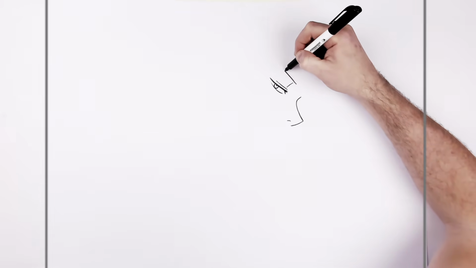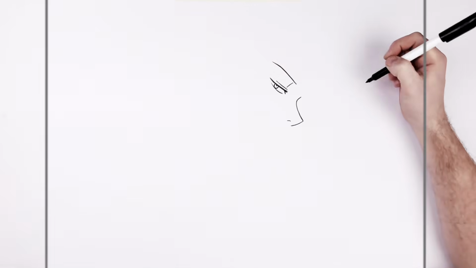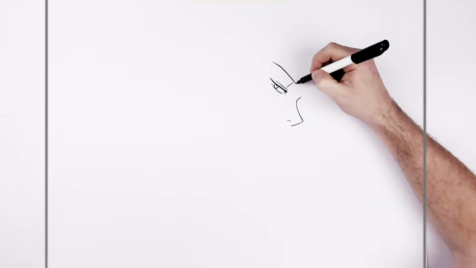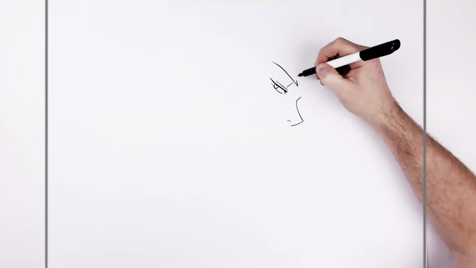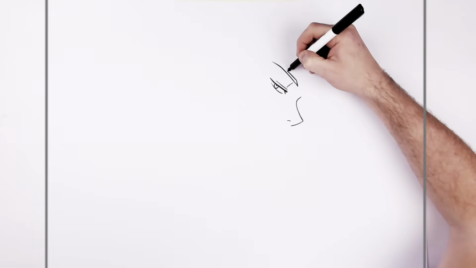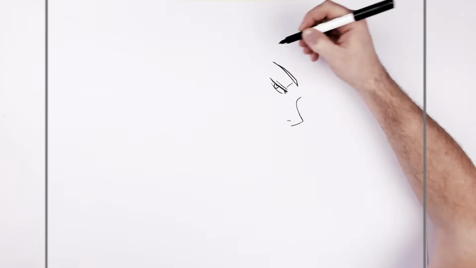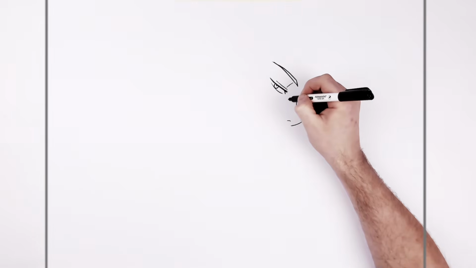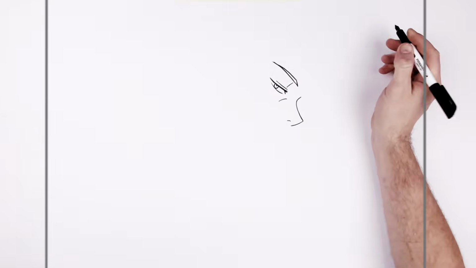So his eyebrow's pretty flat coming across that way, and it gets wider at the front, sort of here. And then we'll bring it back that way. He also has a little line just there.